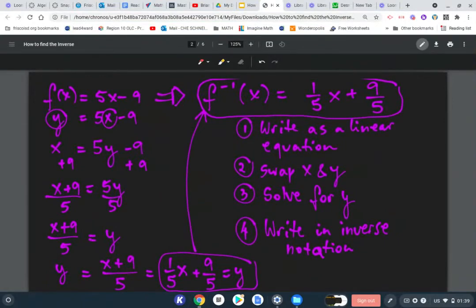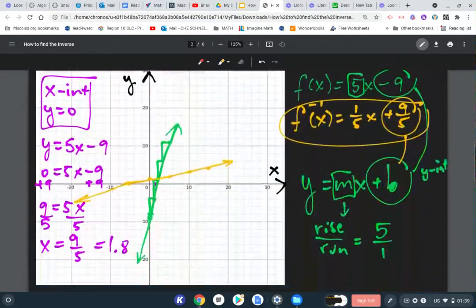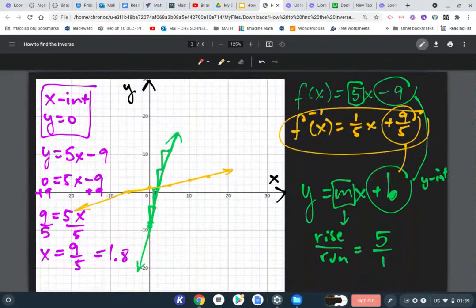Today we learned how to graph a function and its inverse. We also connected to finding the x-intercept. Obviously, slope-intercept form, y = mx + b, locating the y-intercept, which will be your starting point when you graph. And once you have your y-intercept, consider the slope as rise over run.